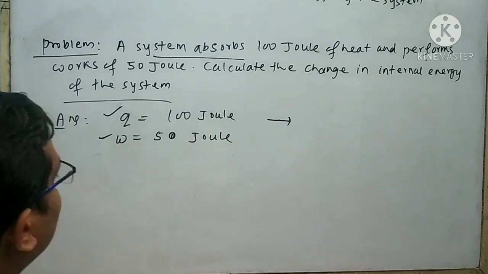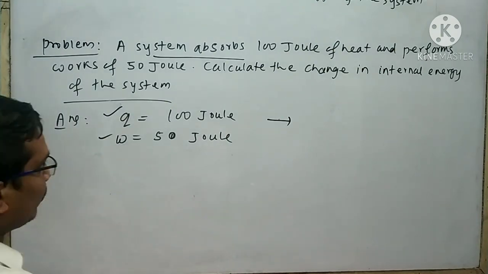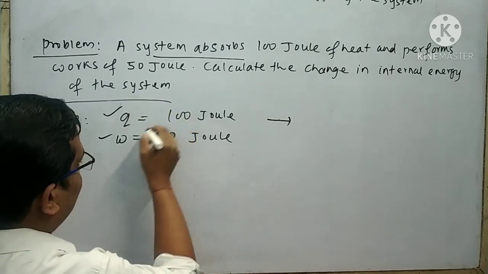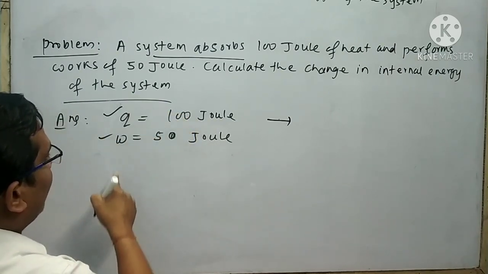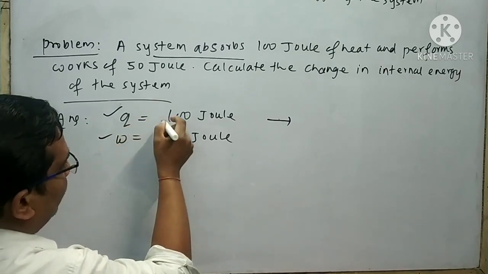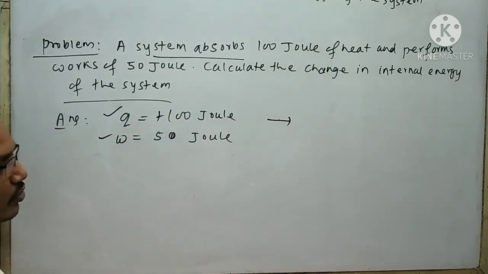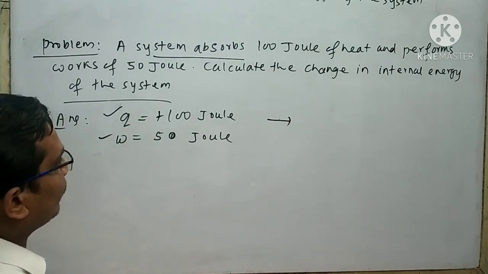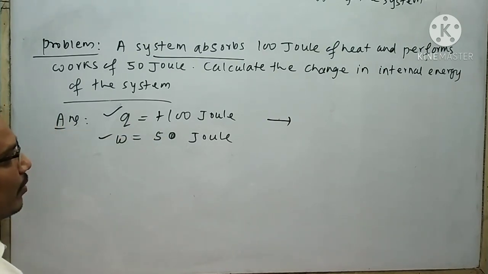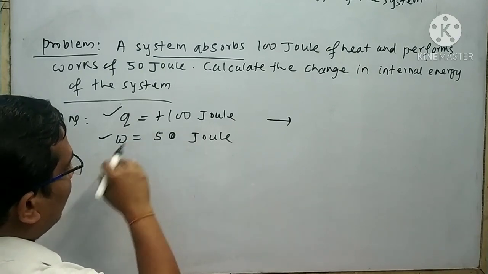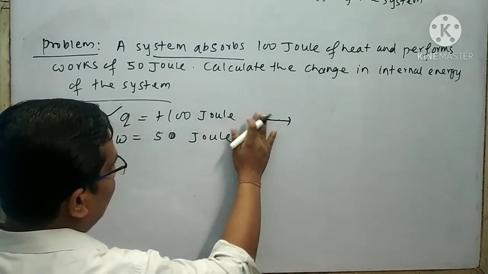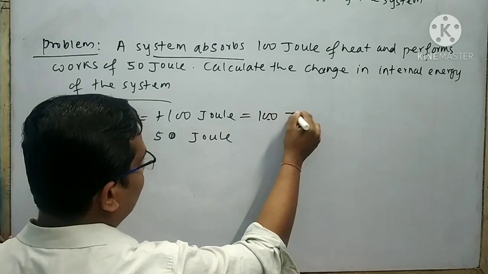That means here the value of Q must be written by using positive sign. So here I can write Q equal to plus 100 joule. In case of plus sign, you need not write the plus sign in front of the 100 joule. Simply you can also write 100 joule.